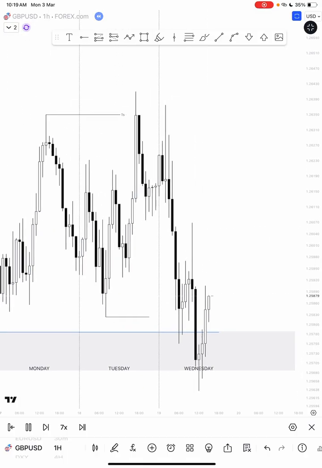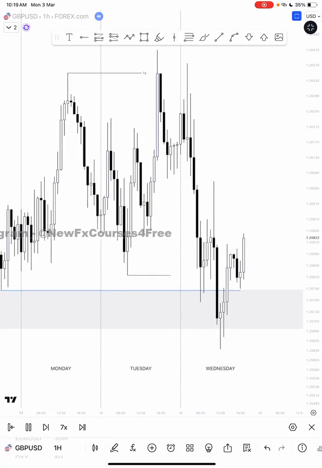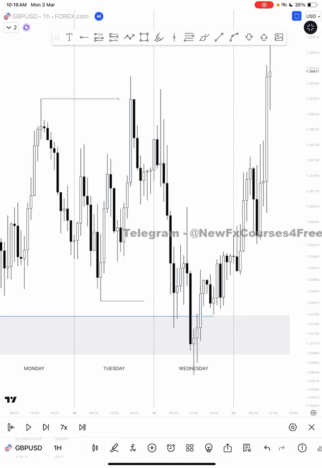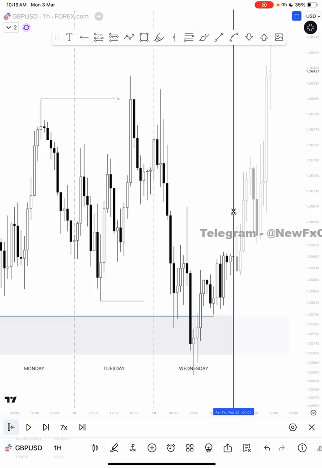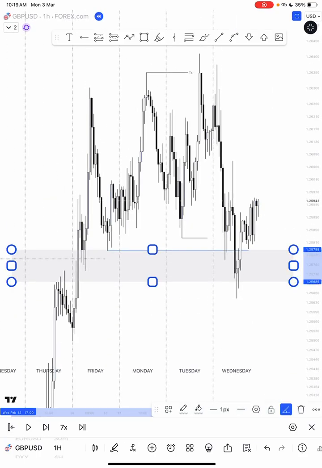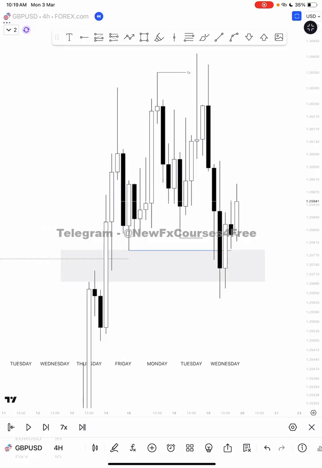So playing this out in time. And here we actually swept our Monday's low and rebalanced this imbalance over here. So the market is actually reacting from where?